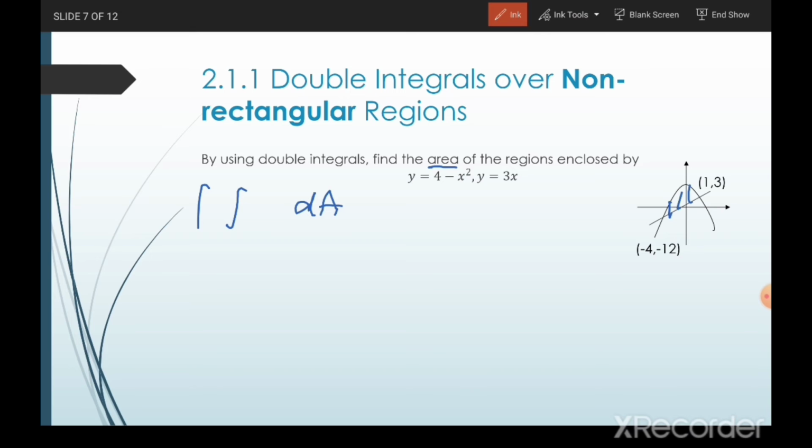So vertical is more suitable. So by using vertical strip technique, we use dy dx. So x is between negative 4 until 1. And y is between these two lines, between y equal to 3x and y equal to 4 minus x square. And here you have found the interval, so you can double integrate.